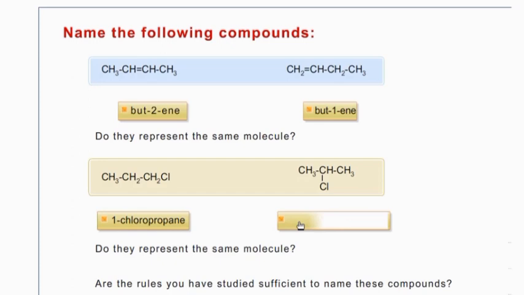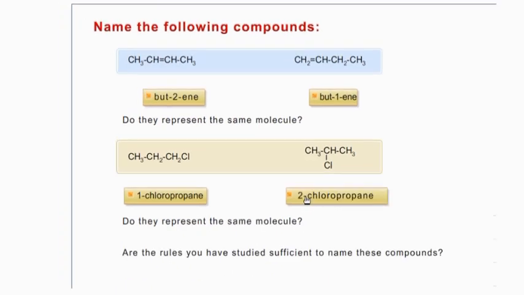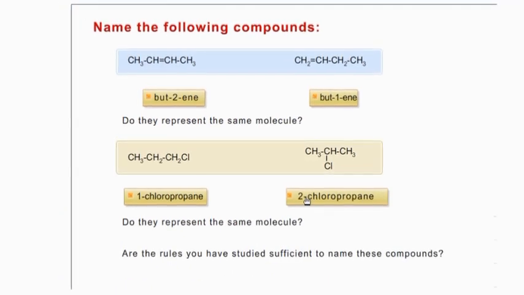So how do we represent the compounds if they are different isomers? There should be some strategy of counting the numbers of the carbon atoms involved in double bonding.